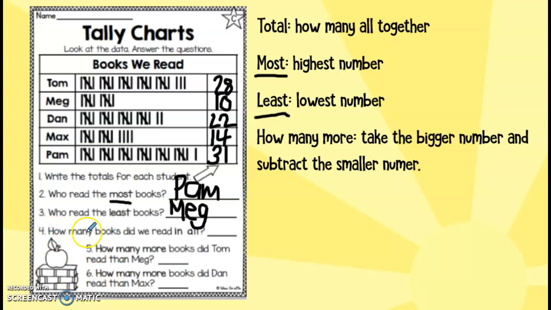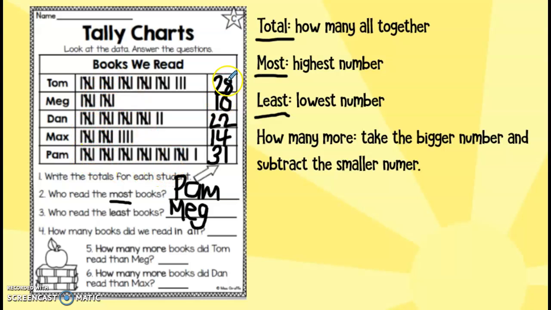Then it says, how many books did we read in all? So if I want to know in all, that's another way of asking for the total. That means how many all together. So I need to count all of these tallies and add them up.